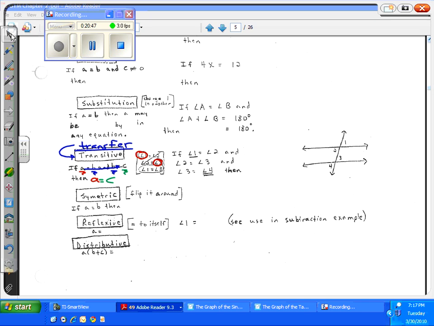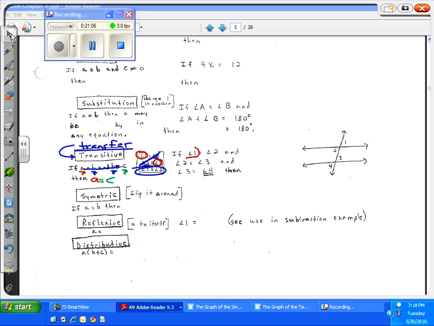If angle 1 is equal to angle 2 and angle 2 is equal to angle 3, then we can transfer from 1 through 2 to 3 and reach the conclusion that angle 1 is equal to angle 3 by the transitive property.